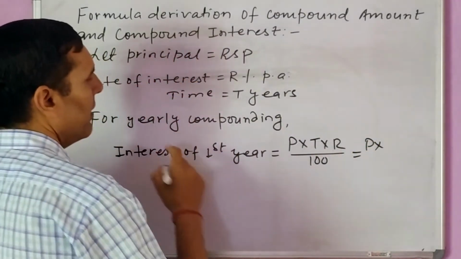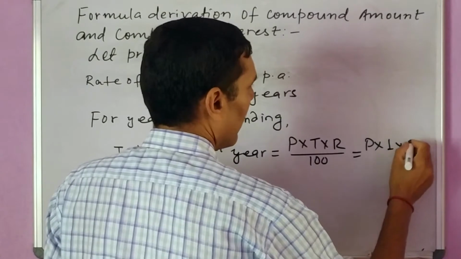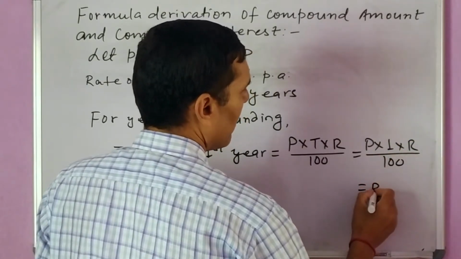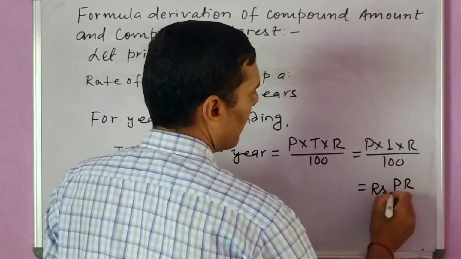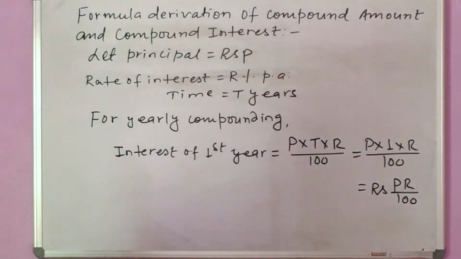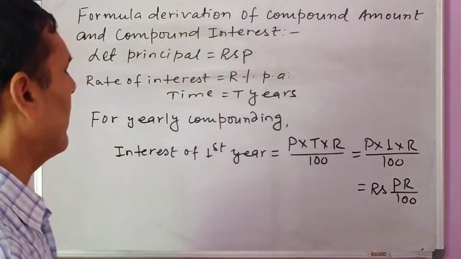P is P, T is 1 for first year, R is R upon 100, so it is rupees PR upon 100. So interest of first year is rupees PR upon 100.